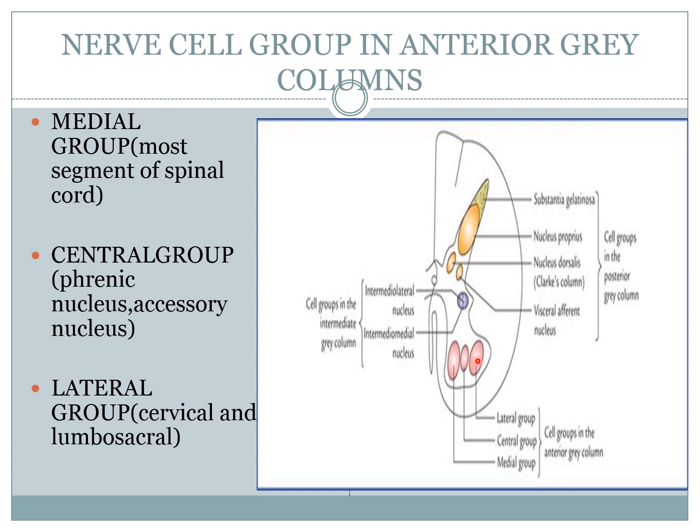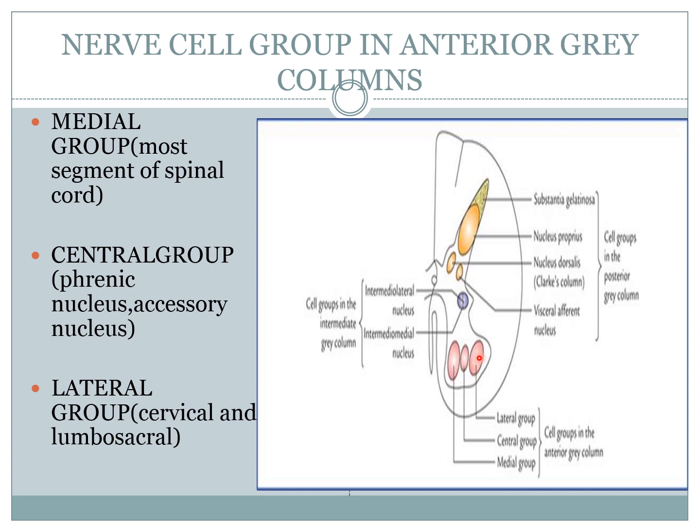Then we have the lateral group. The lateral group is also present in the cervical and lumbosacral region. These cell bodies supply the muscles of the limb. In the cervical region, they supply the muscles of the upper limb, and in the lumbosacral region, they supply the muscles of the lower limb.